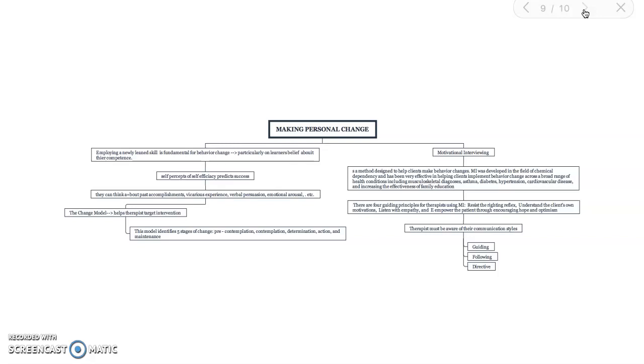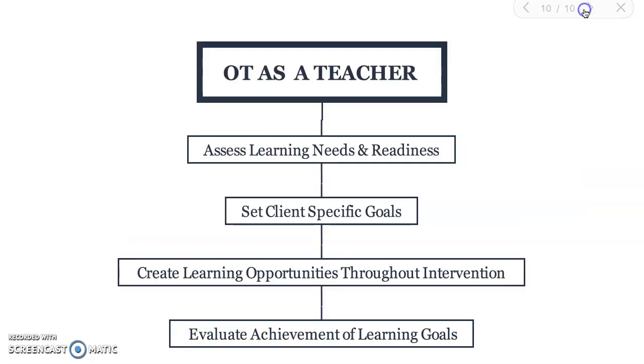And then there is motivational interviewing, a method designed to help clients make behavior changes. Within this approach, the therapist must be aware of their communication style, whether they're guiding, following, or directive, to help the person make that behavioral change.